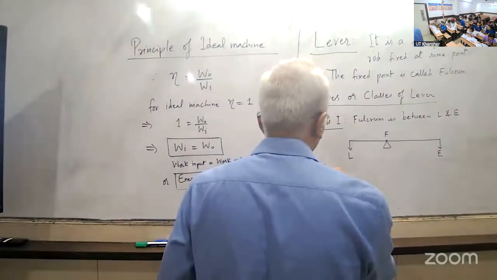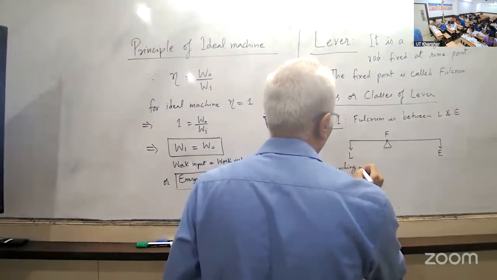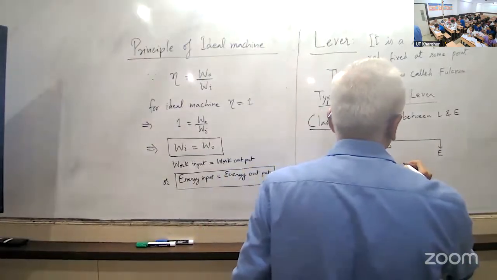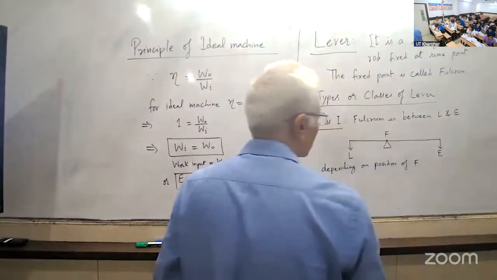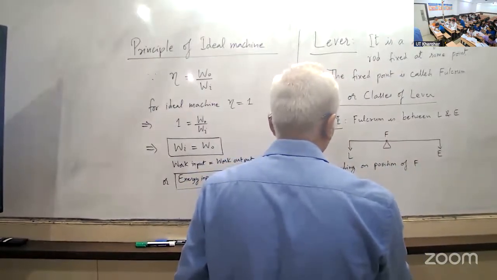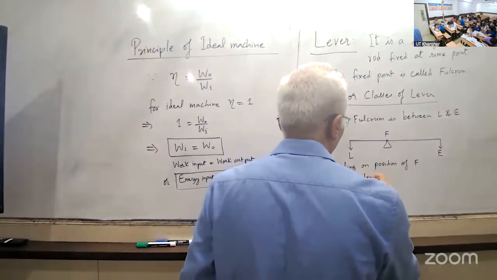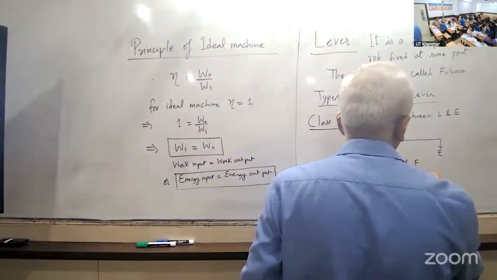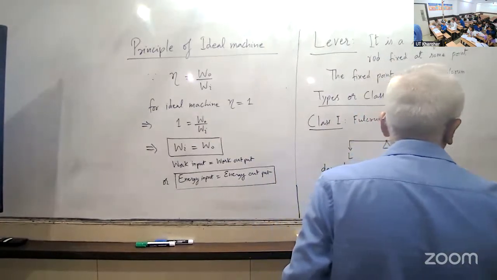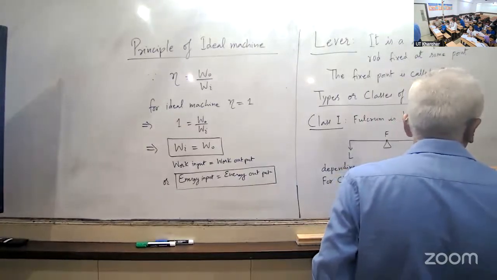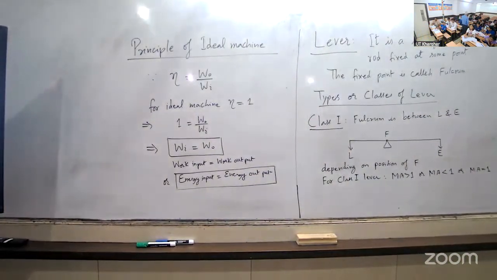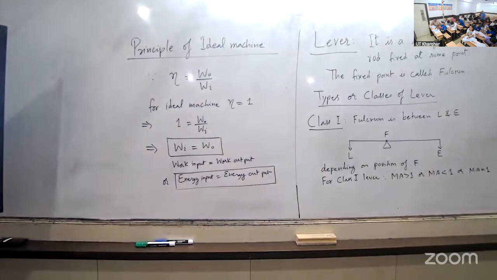So, depending on the position of F, for a class 1 lever, MA is equal to 1. ठीक है? तो class 1 lever can be made into a force multiplier or a speed multiplier or a direction changer.